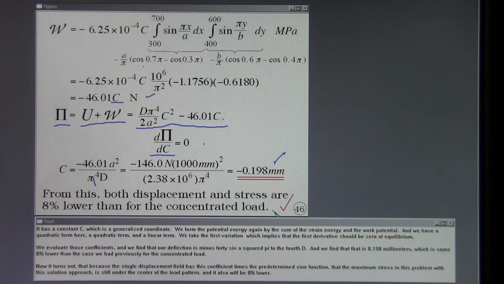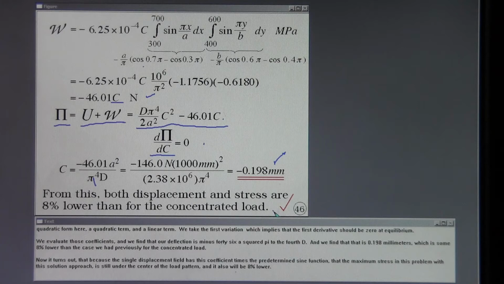Now, it turns out that because the single displacement field has this coefficient times the predetermined sine function, the maximum stress in this problem with this solution approach is still under the center of the load pattern, and it also will be 8% lower.